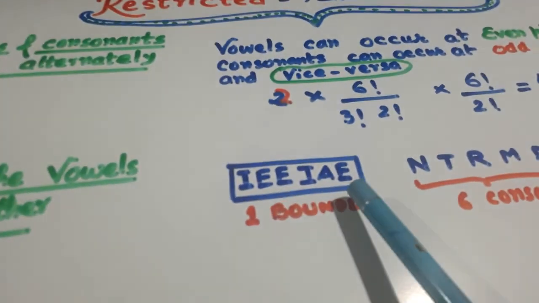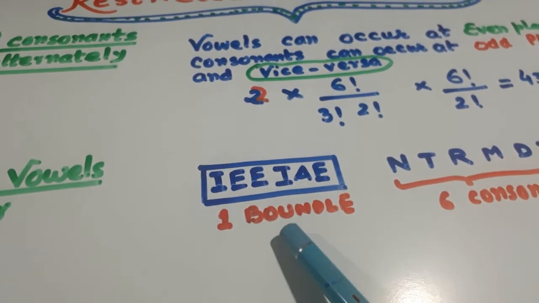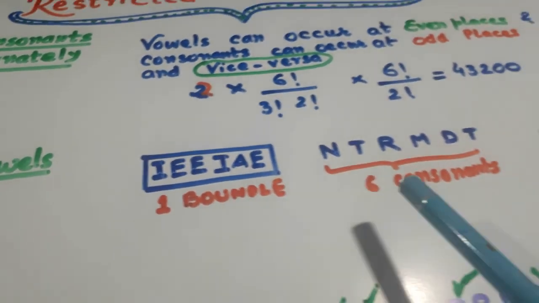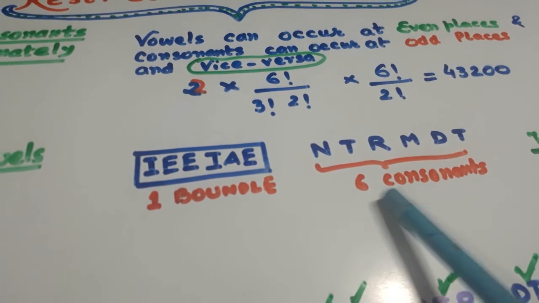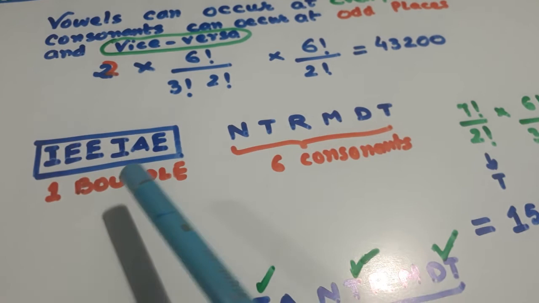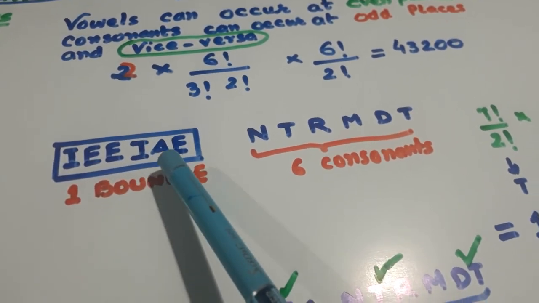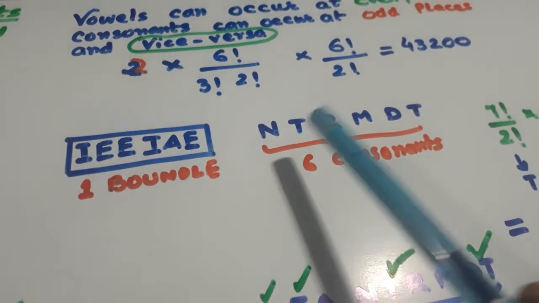Next is all the vowels together. Now there are 6 vowels and just make one bundle out of them. 6 consonants are there. 6 and 1, 7. So 7 factorial. Now whenever we will be using the vowel, it will be one bundle only.